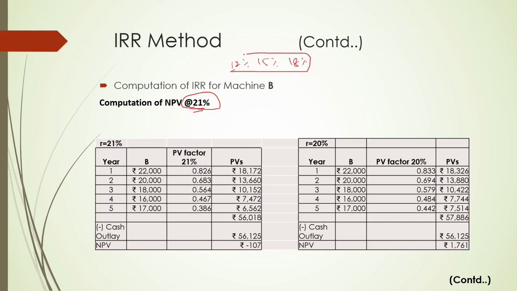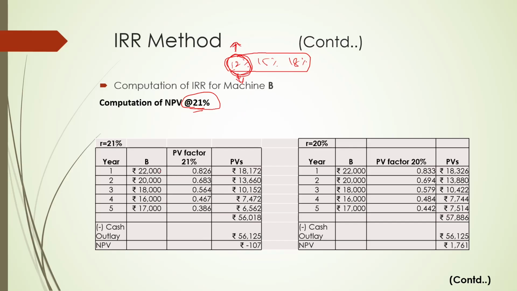Depending on the value: if you get a negative value here, decrease the rate. If you get a positive value here, then increase the discount rate and calculate it.